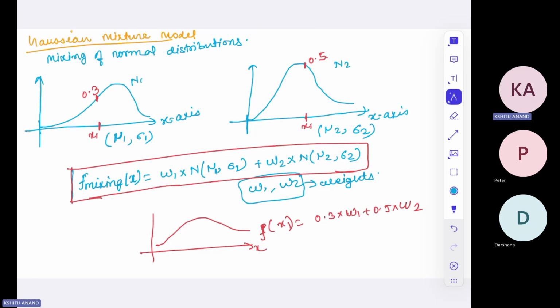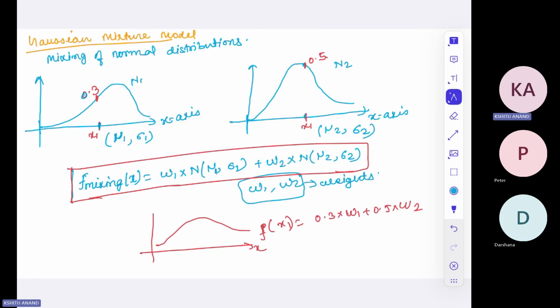According to the first normal distribution, the probability density for x1 is 0.3, let us say. And according to the second normal distribution, the probability density for the same value x1 is 0.5. So according to the new probability distribution, the probability density of x1 will be a mixing of both: a certain weight into 0.3 plus a certain weight into 0.5.